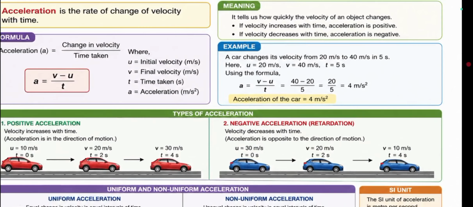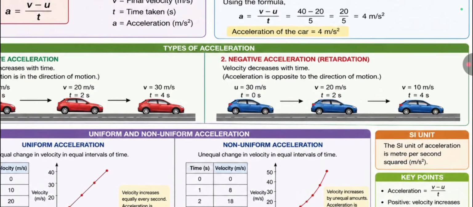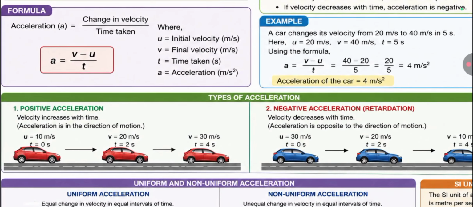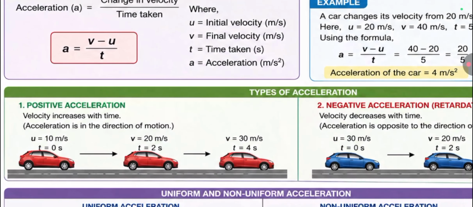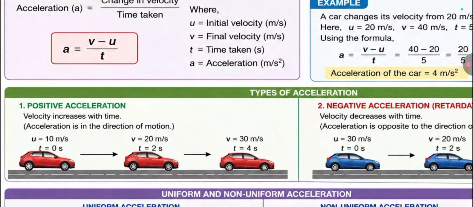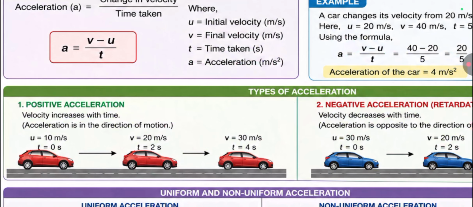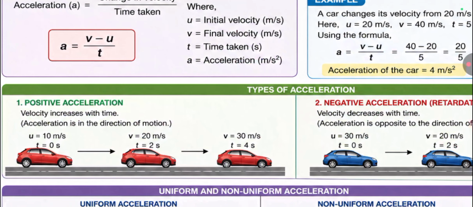Now we have to tell the types of acceleration, that is positive acceleration and negative acceleration. Positive acceleration: as I already told, when velocity increases with time, the acceleration is called positive acceleration. So acceleration is in the direction of motion. Suppose a car moves on a road, its initial velocity is 10 meter per second at t equal to 0 seconds.